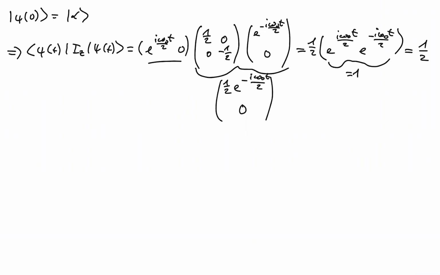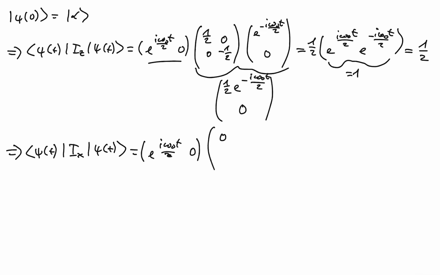When we do the calculation now, psi of t applied to Ix, psi of t, then we have e to the i omega 0 t half, 0, times 0, 1/2, 1/2, 0, times the column vector e to the minus i omega 0 t half, 0.